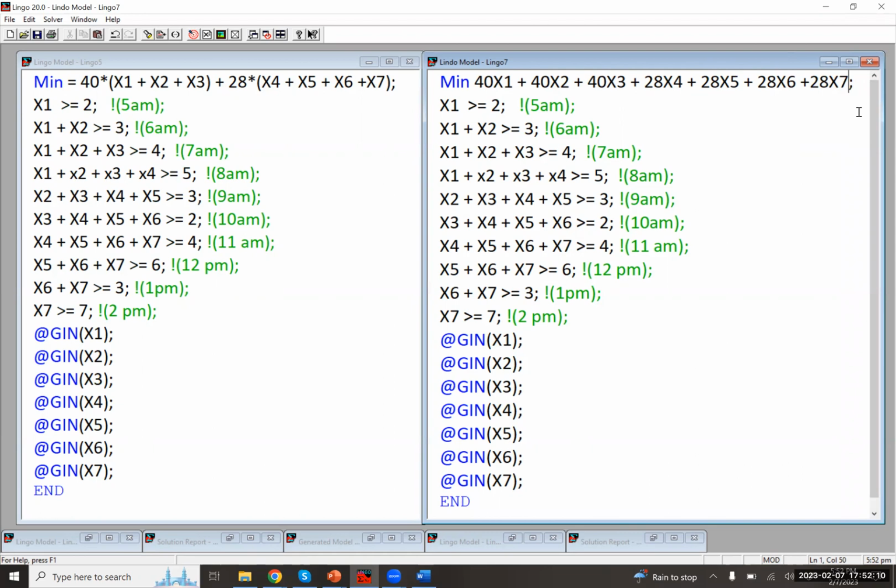And LINGO does not need semicolon. Actually, if you put semicolon, LINGO will give you an error message, okay? And again, LINGO does not need semicolon, so let's take this out.